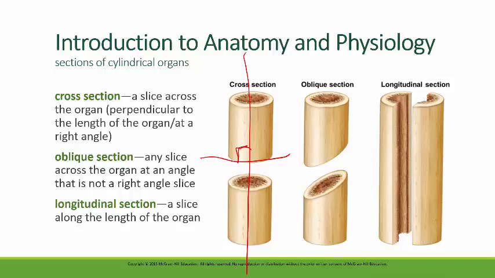If you choose any other angle, so here again, they've chosen this angle. So notice that this is not a 90 degree, not a right angle. So any other angle than 90 degrees would be referred to as an oblique section, because oblique means running at an angle.